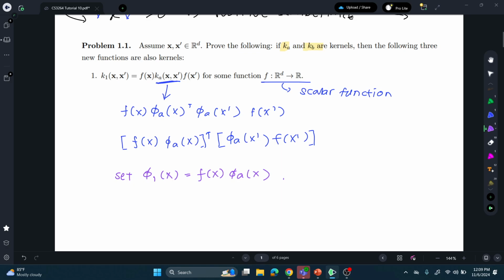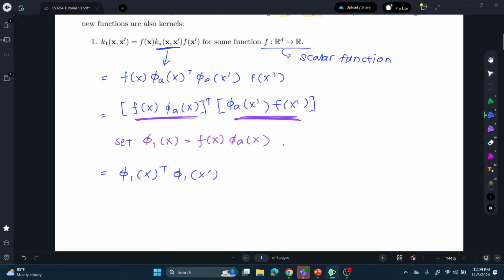So I set a new kernel mapping phi 1, which multiplies f of x with phi a of x. Then I notice that this part is just phi 1 of x, and this part is just phi 1 of x prime. So this will become phi 1 of x transpose phi 1 of x prime. By definition, now we already have a kernel.